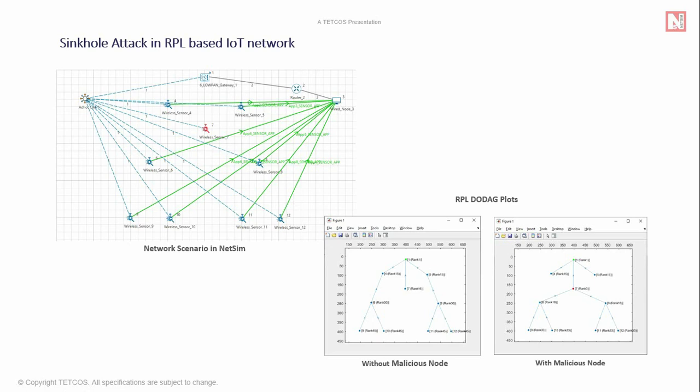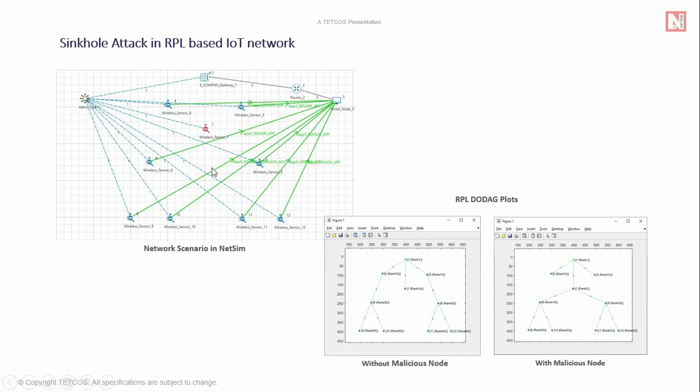This example involves RPL protocol, which creates a topology similar to a tree, known as a DAG or directed acyclic graph. Each node within the network has an assigned rank, which increases as the node moves away from the root. Nodes select their parents based on the rank value.